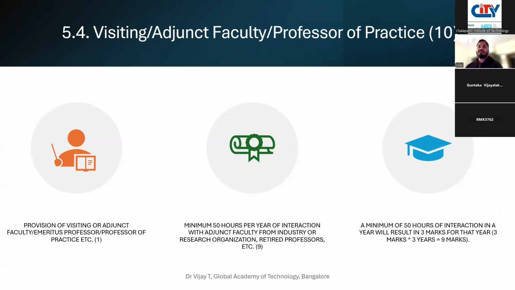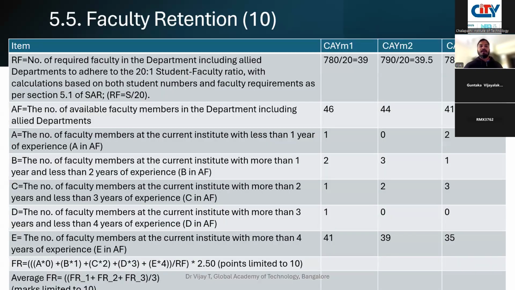If you have the option of visiting adjunct professors and professors of practice, associate professors of practice and assistant professors of practice, a minimum of 50 hours per year of interaction has to be there for each of these categories. For each year it is going to be 3 marks, and in total it is going to be 10 marks.